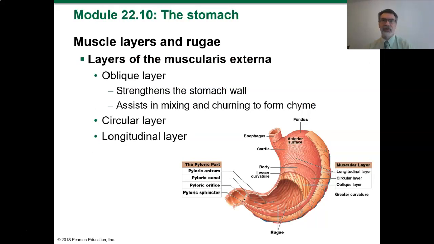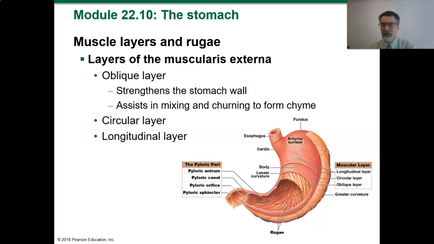Now, while we mentioned in lab, saw in models in the lab, and mentioned earlier in this lecture that the intestinal tract has two layers of muscle, a circular and a longitudinal layer, the stomach also has an oblique layer, right?